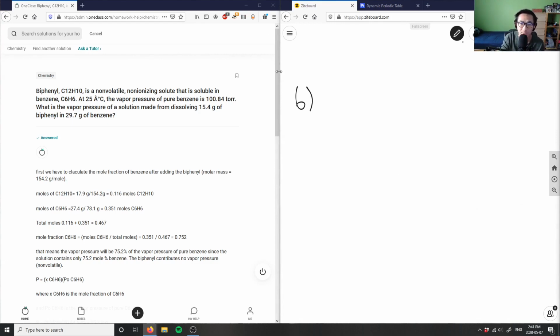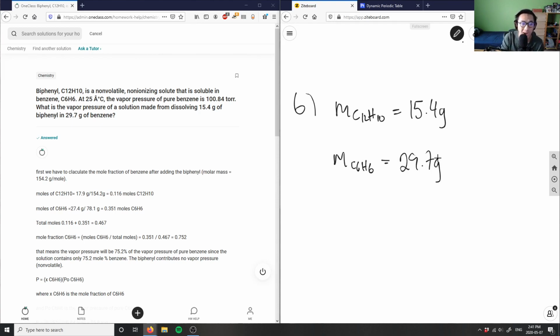So biphenyl is, again, C12H10, right? Let me write down the mass of both of these. The mass of C12H10 is equal to 15.4 grams, and the mass of benzene, which is C6H6, equals 29.7 grams.